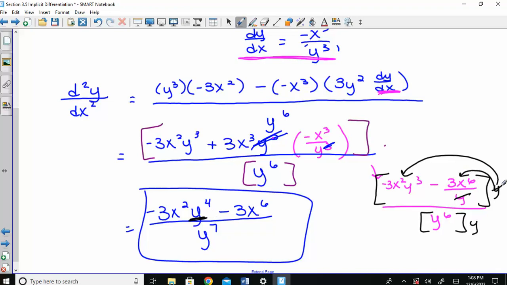When you take it times this one, these y's drop. And then on the bottom it became y to the 7th.